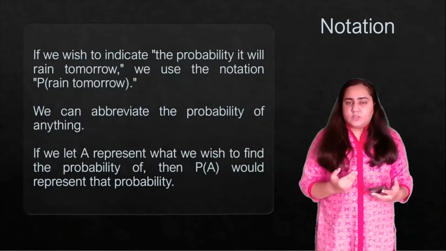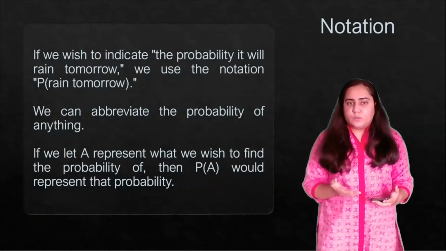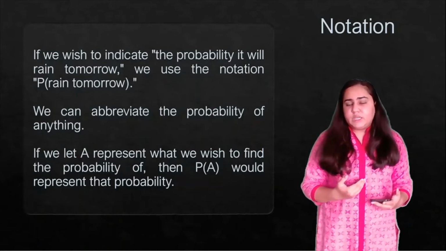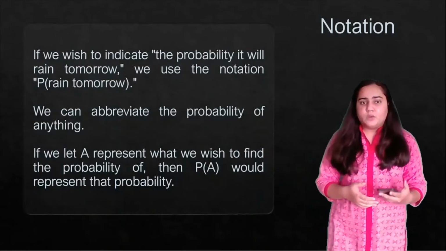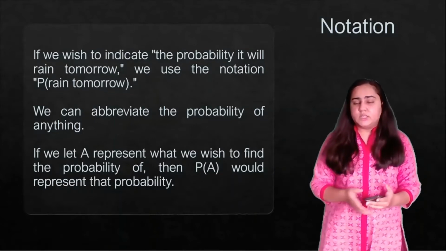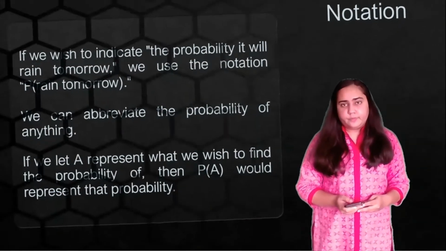You can also decide an event A. So if you let A represent what you wish to find the probability of, then P(A), written in this way in brackets, would represent that probability. So this is a very simple notation of probability.